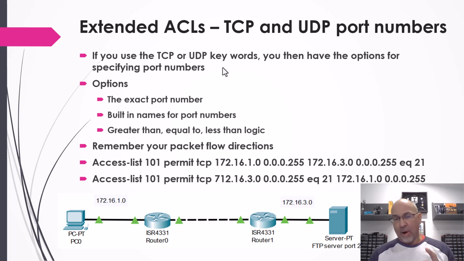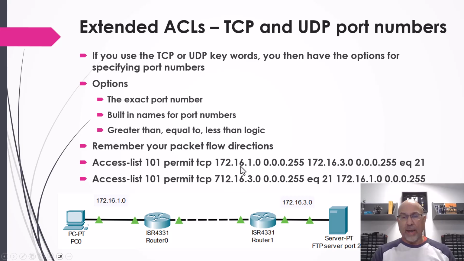We have to remember our packet flow directions. So I've got a graphic down here at the bottom. If we consider the packets that are flowing from PC0 over here to this server, so the direction is from the PC to the server, then we might want an access list like the first one here, access list 101 permit TCP, right? So now we're saying here's the protocol that I'm worried about.